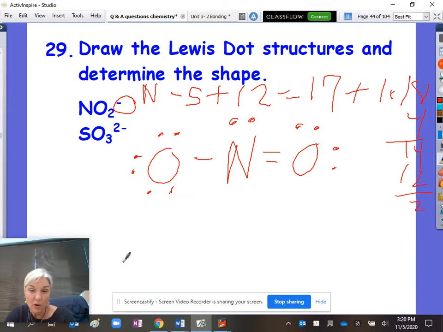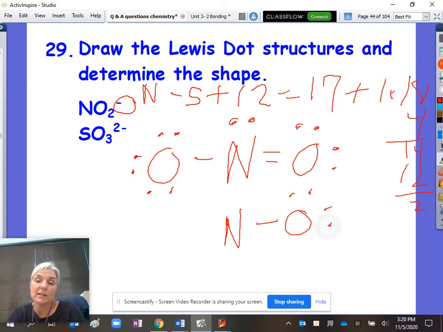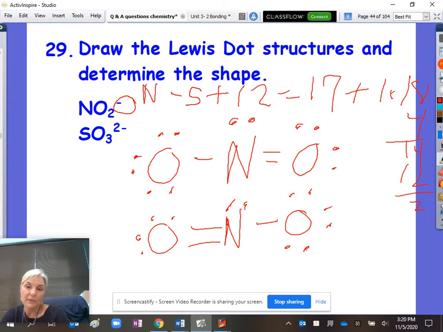So we have to redraw it again. But we're going to flip it, remember? So I'm going to put oxygen, the single bond there with the 6 electrons. Put my double bond now on this side with the 4 electrons, and then the 2 that are right there. So you have to draw it both ways.